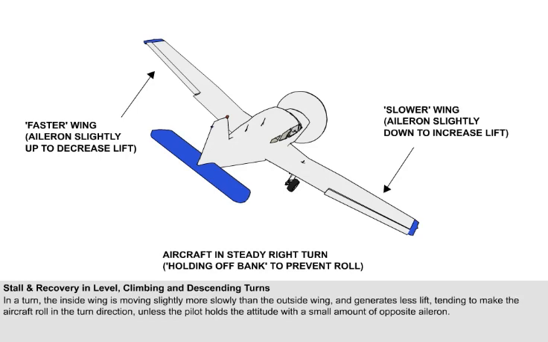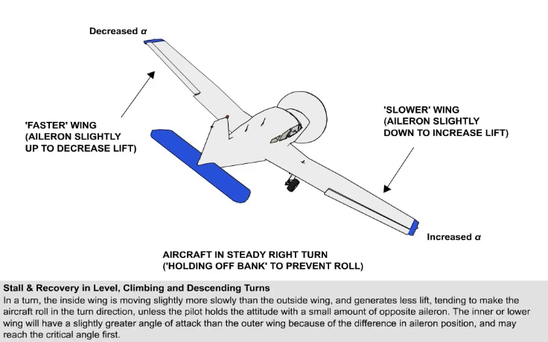If the pilot holds the required attitude and bank angle, he will actually be holding a small aileron deflection to oppose the roll, sometimes known as holding off bank. The deflection, although probably undetectable from control column position, is greater for low speeds than for high speeds.